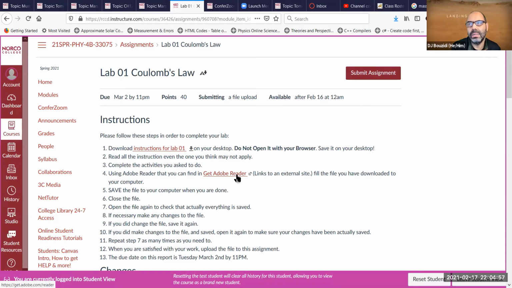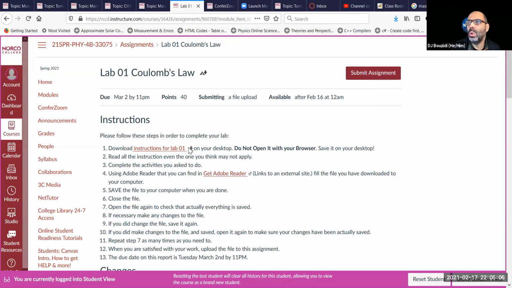Don't bank on it, okay? Make sure once the PDF is opened and you start typing, type your name, save it, and close it and come back and see if your name is still there. If it is there, then that browser or that tool that you're using saves PDF files, okay?